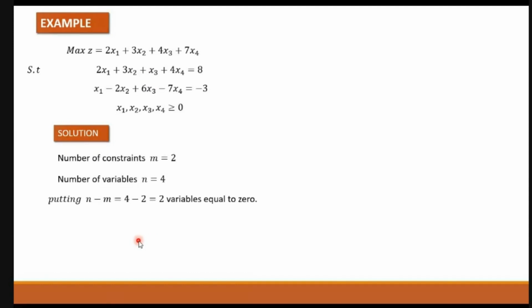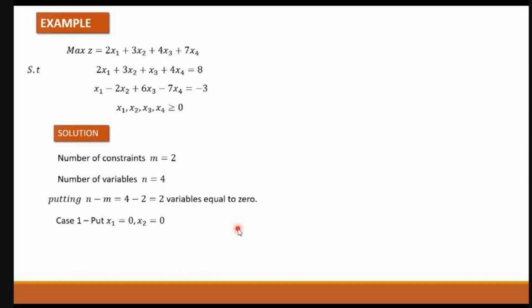Case 1 will be, I will start with x1. First I will take the combination of x1 x2, then x1 x3, then x1 x4, after that x2 x3, x2 x4 and then x3 x4. I'll go in this order so that no cases are missed.